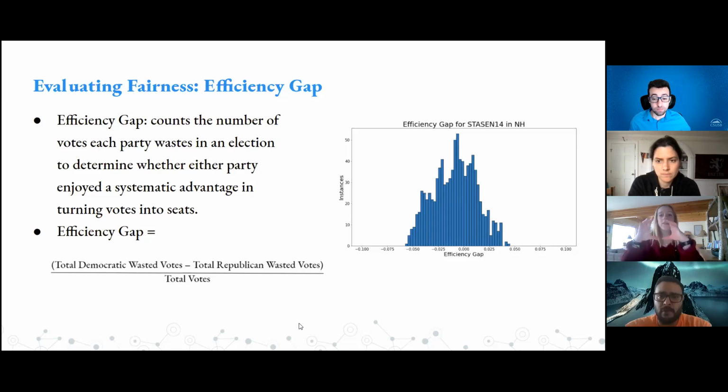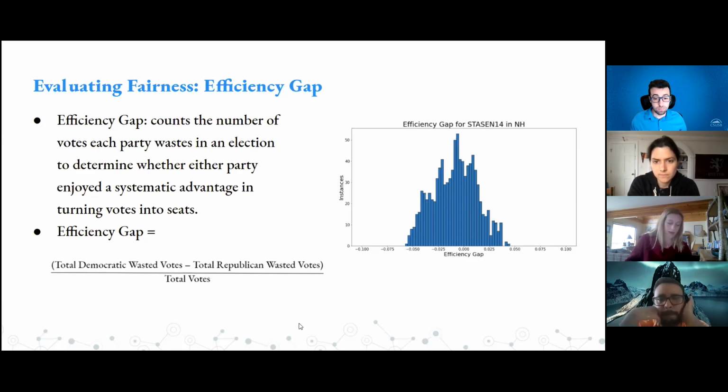So if we have one district where the Democrats win 40 and the Republicans win 60, then all of those 40 are considered wasted. And the 10 above 50%, because it's already past the majority, are also considered wasted. And this is quantified by convention as total Democrat wasted votes minus total Republican wasted votes divided by the total number of votes. And it represents which party had an easier time converting their votes into seats.